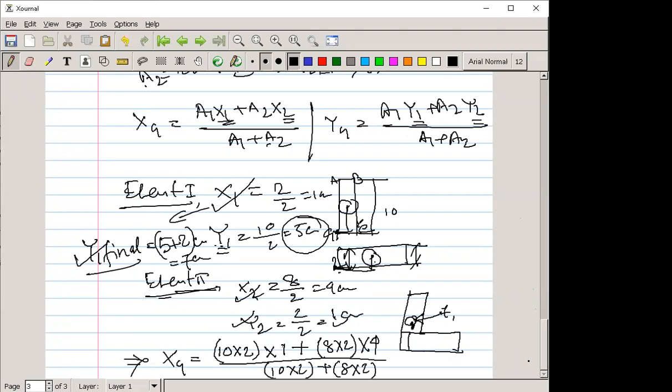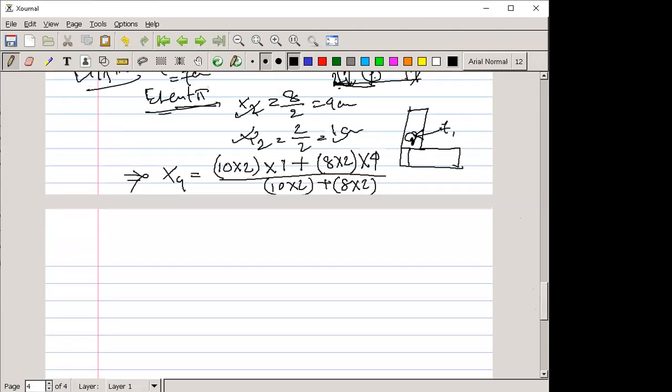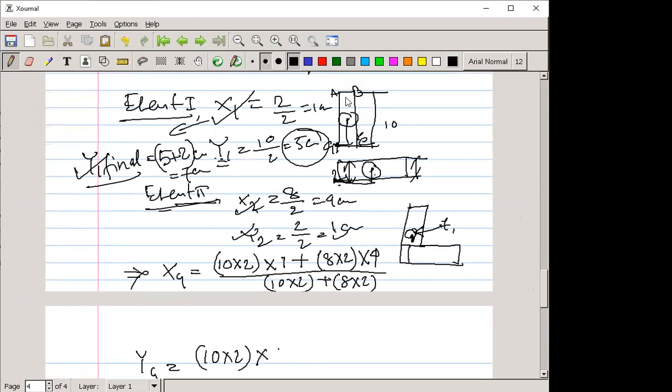for finding out the yg in a similar manner, you simply do yg equals 10 into 2 into y1. y1 means y1 final actually. Everything you have to do from the coordinate, from the 0, 0.